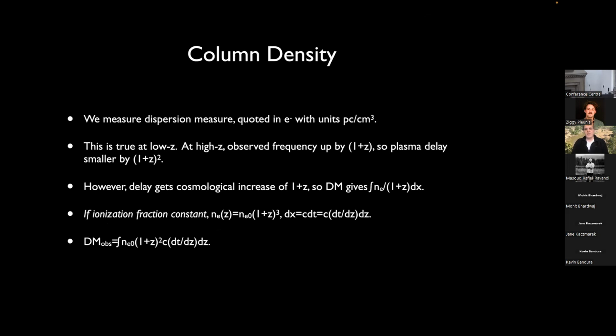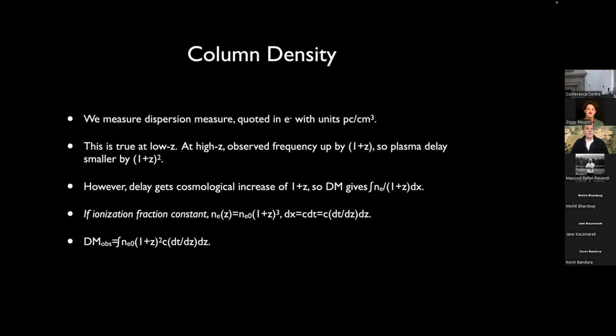But at high redshift, the frequency goes up by 1 plus z, and since delay goes down like nu squared, we shrink the effective importance of plasma by a factor of 1 plus z squared. But of course, if I have a delay in time from going through a plasma screen of some delta t, as it gets closer to me, that gets boosted by another factor of 1 plus redshift. So what we're actually measuring is the electron density over 1 plus z dx.